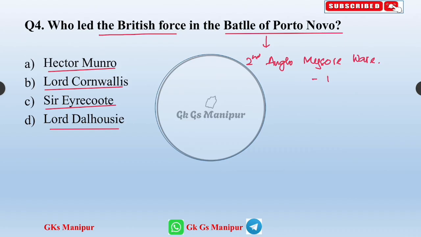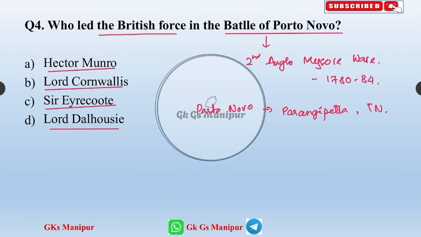The second Anglo-Mysore war was fought from 1782 to 84. Porto Novo is today known as Parangipettai, in Tamil Nadu.